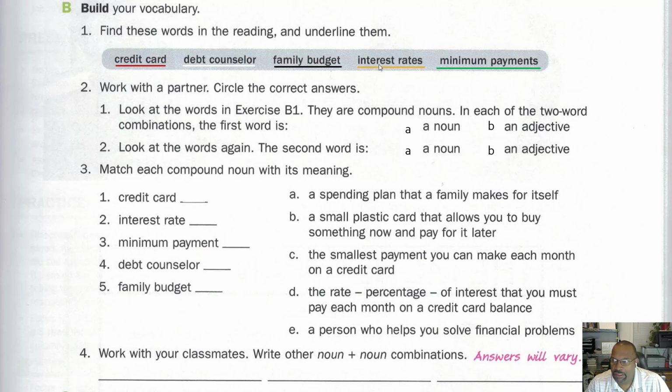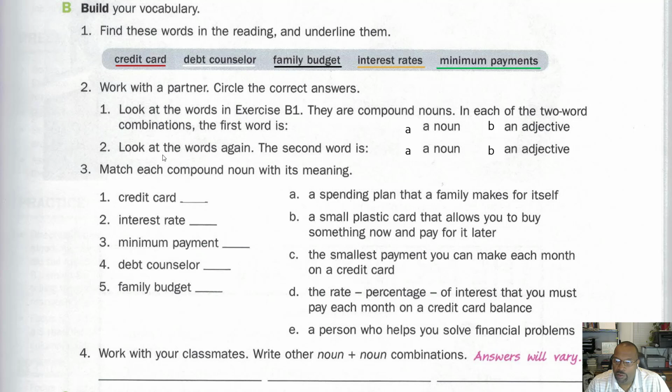So interest is a noun. And the last word, minimum payments. Minimum, that's an adjective. That describes the noun. Okay, minimum, meaning small. So on this one, I would say an adjective, B.